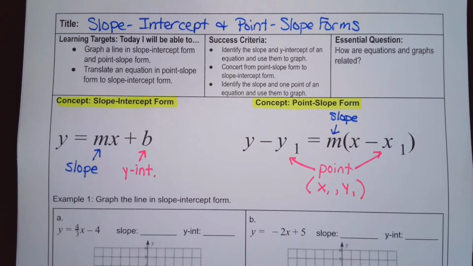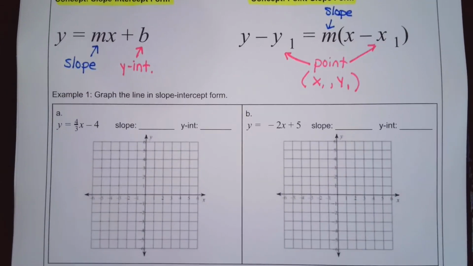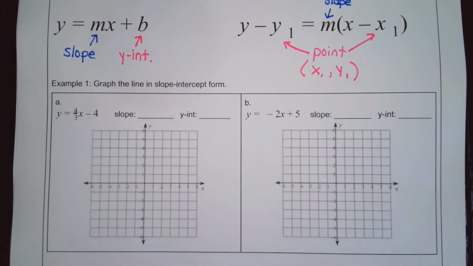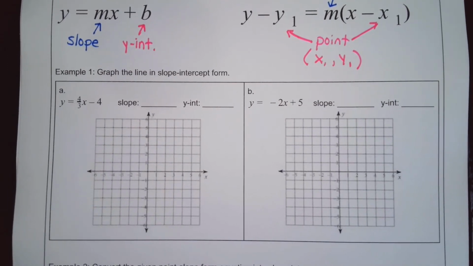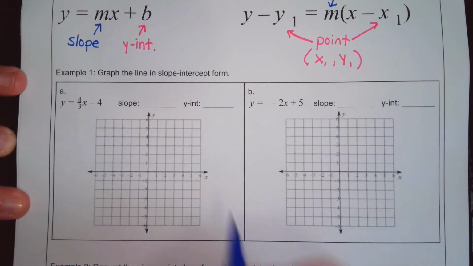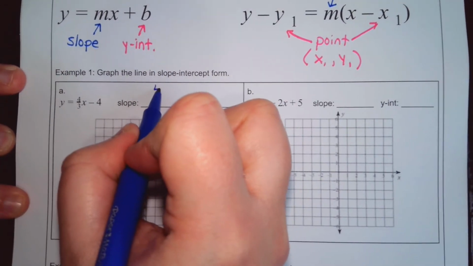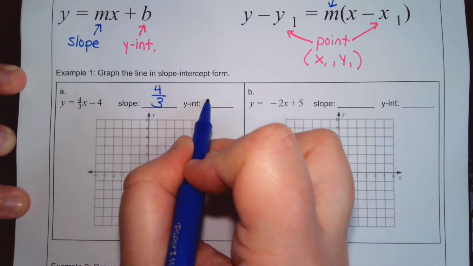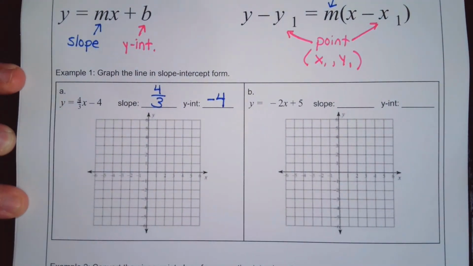So now that we have our concepts out of the way, we're going to start with slope-intercept form. We need to do some reminders of how to graph in slope-intercept form. So here is our first one. We have y equals 4/3 x minus 4. We want to identify the slope and y-intercept. So my slope is 4/3 and my y-intercept is -4.